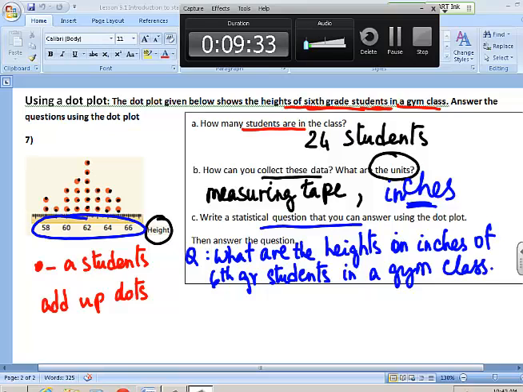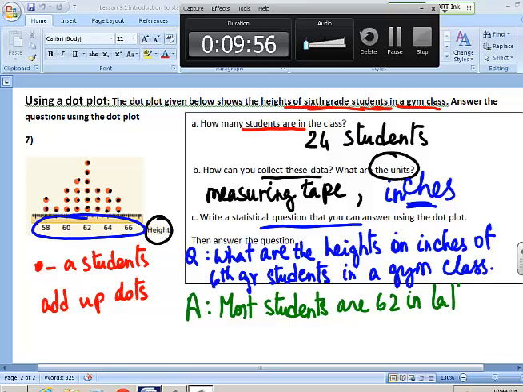Now your answer is that. Again, based on the data, you can write different answers, but it should go with the data. In this case, I'm going to say that most students are 62 inches tall. And then you can say there are two students that were 66, somewhere in this more than 64, I think 65.